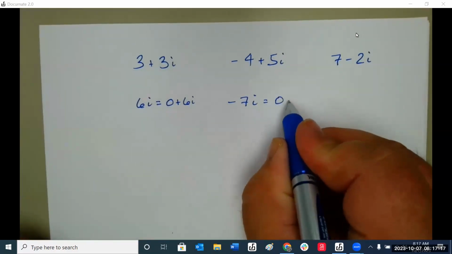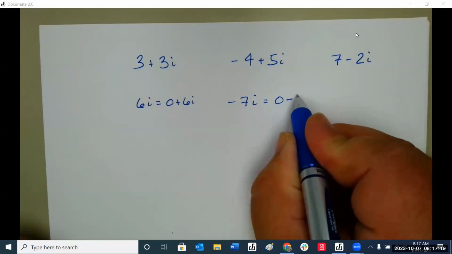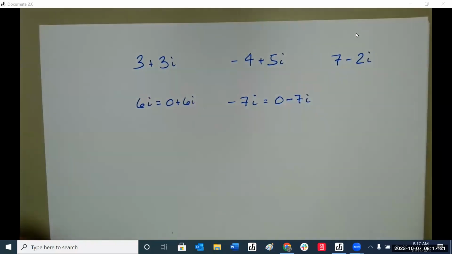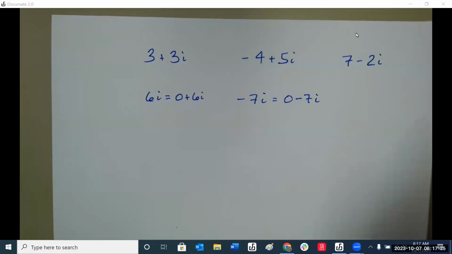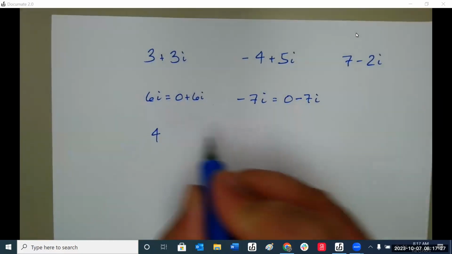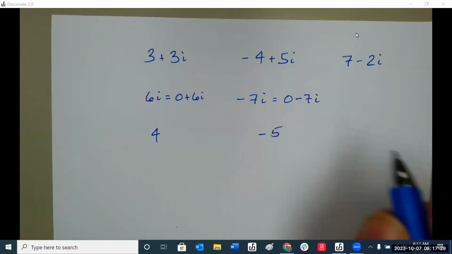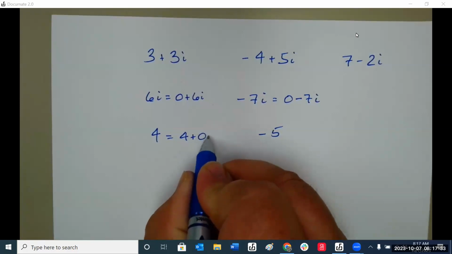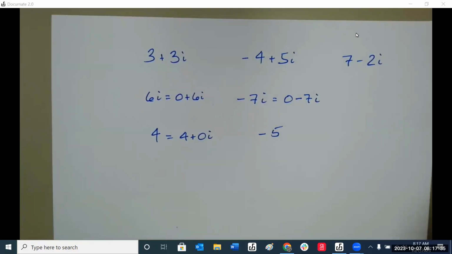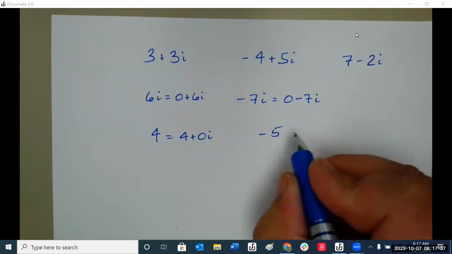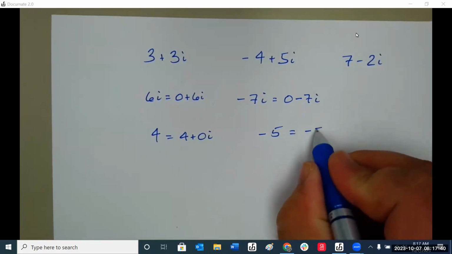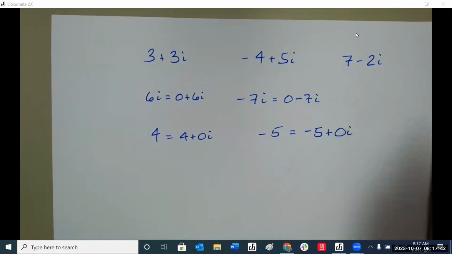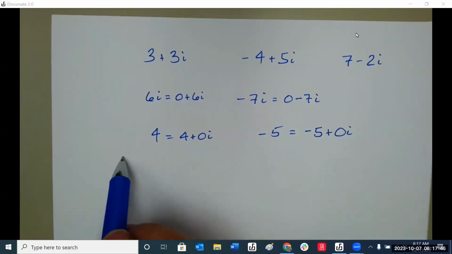Same with this one. The real number is 0, and the imaginary number is -7i. Actually, these are imaginary numbers as well, because the imaginary number is 0, the coefficient is 0. So any number can be written as a complex number.